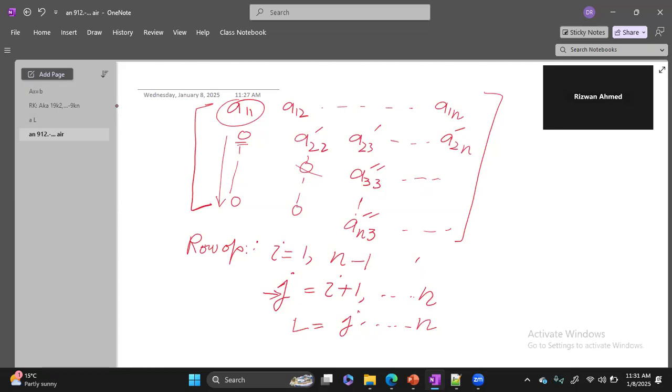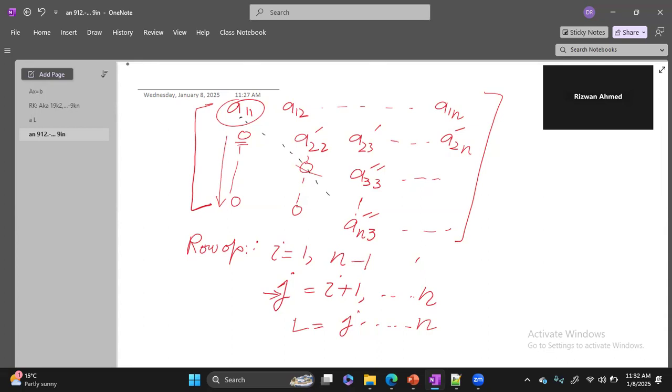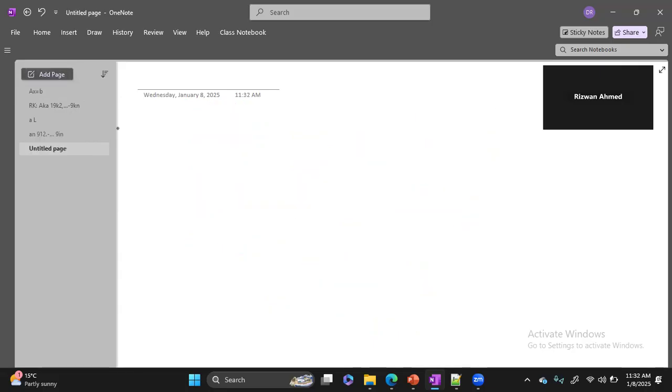So before implementing any row operation, like the attempt to make zeros below the diagonal entries, we apply a condition that if the diagonal entry aii is equal to 0, then we have to make a row interchange operation, right?